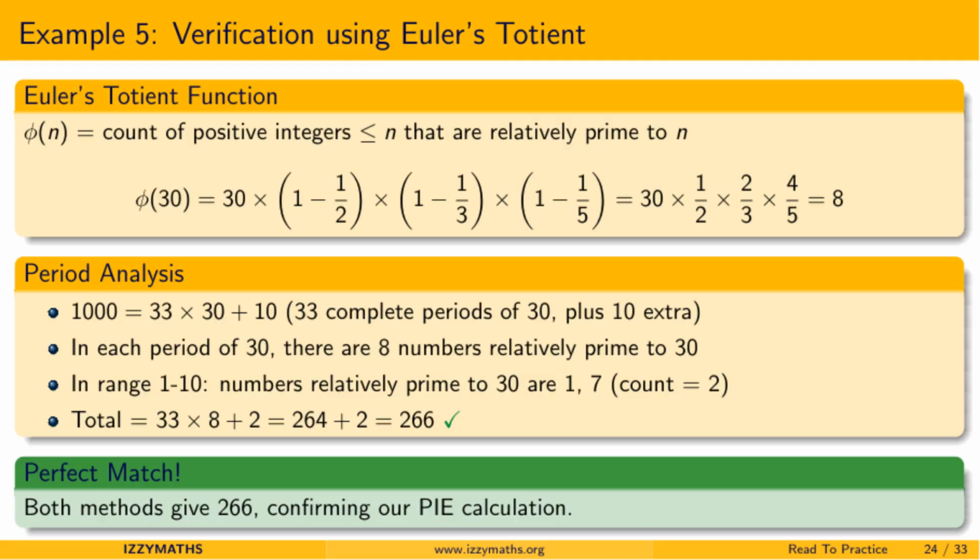Therefore, the total is 33 times 8 plus 2 equals 264 plus 2 equals 266. Perfect match. Both methods give 266, confirming our PIE calculation was correct.